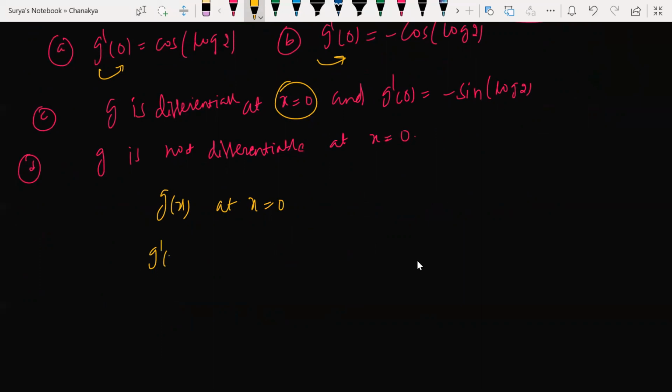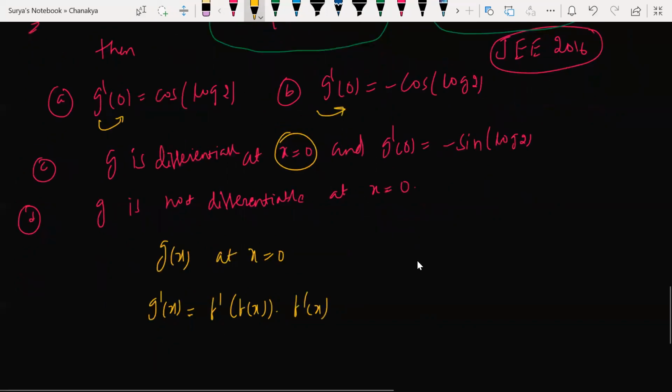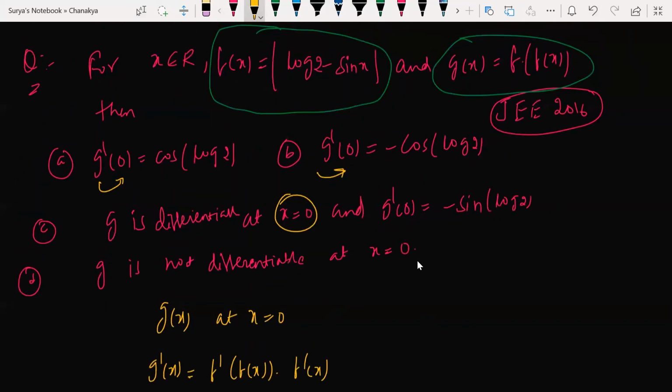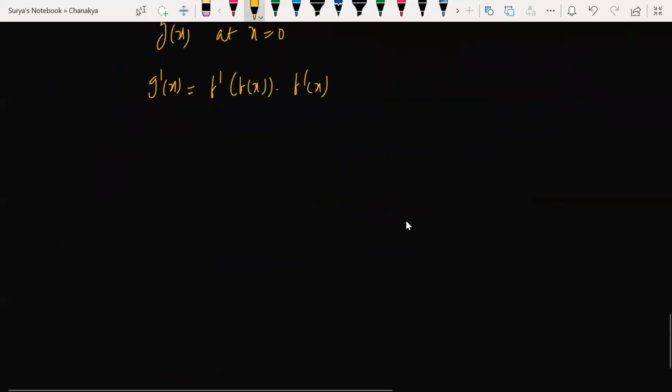So we'll find out g dash of x. What is g dash of x? It is f dash of the inner function into f dash of x. So if f of x is given as modulus of log 2 minus sin x, what is f dash of x here?